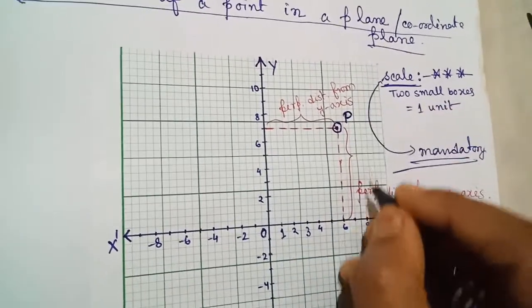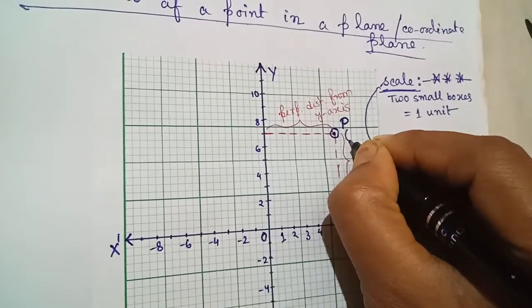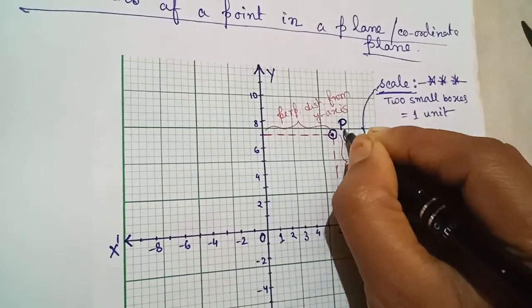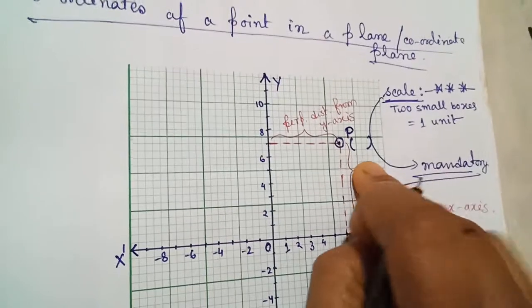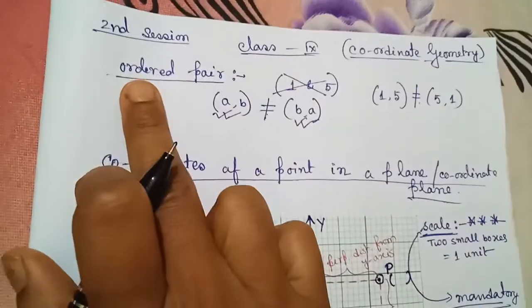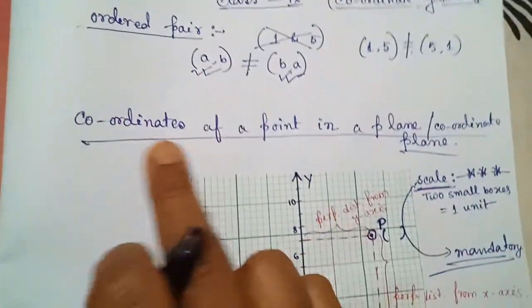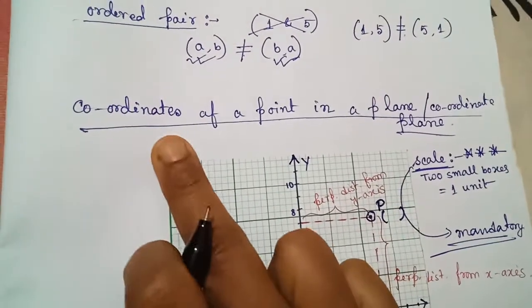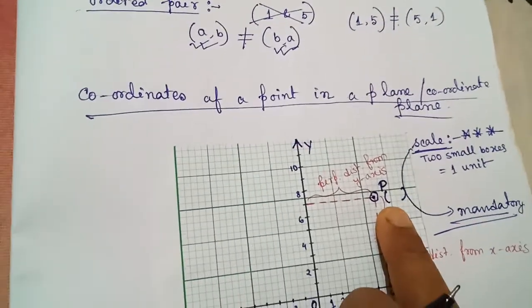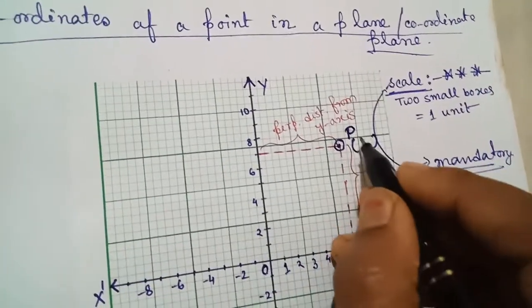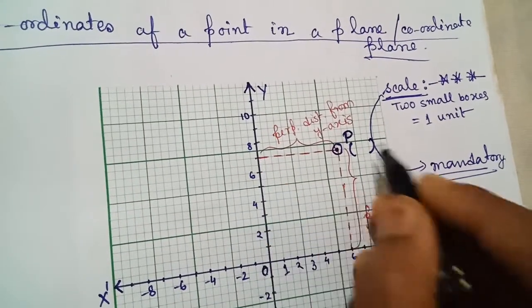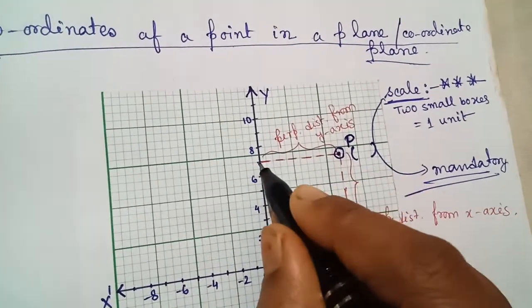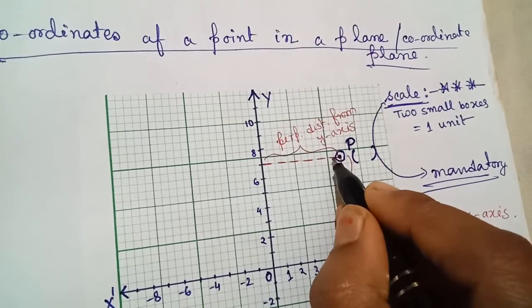Okay, now how will we write its coordinates? These are called coordinates, that means all ordered pairs will be called coordinates of a point. So first we will measure the distance from the y-axis.